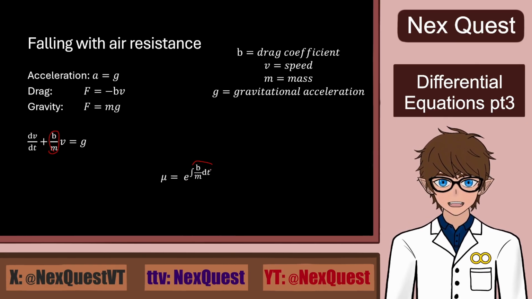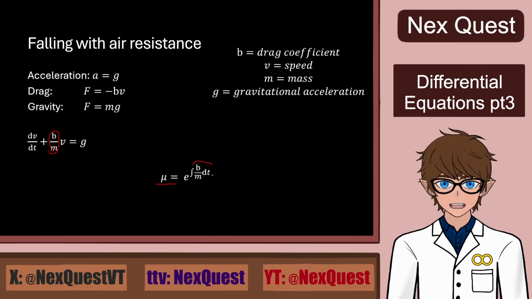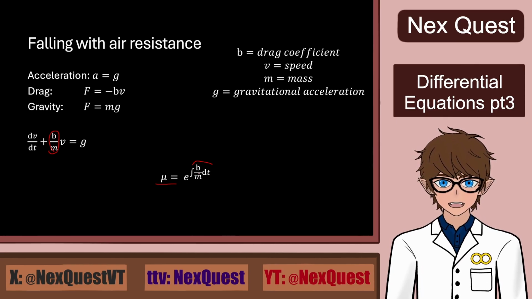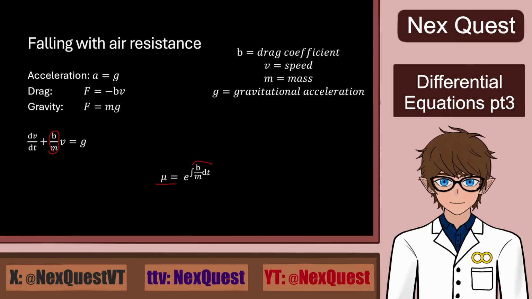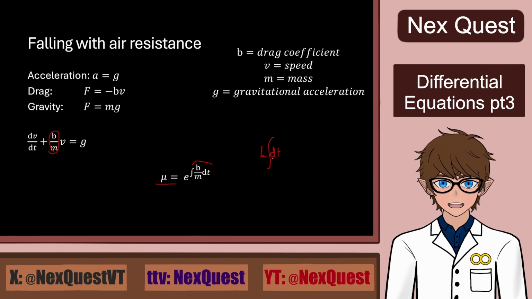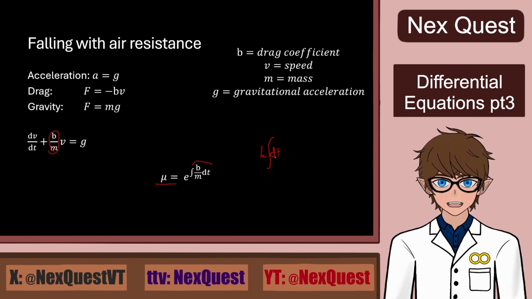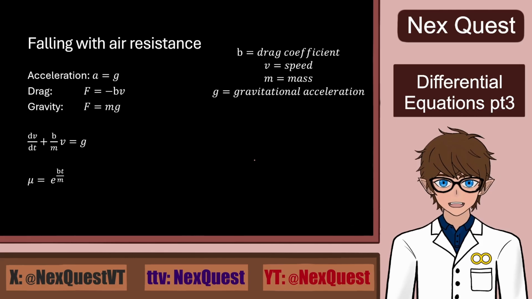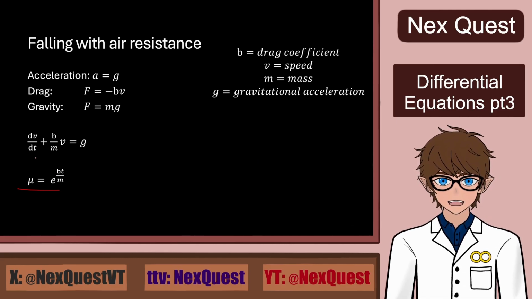This is our integrating factor formula, and since b and m are constants and do not change with time, this integration is like k times dt. Integrating that, we have k times t. So the result should be b over m times t in the exponent. Now we have our integrating factor, so we will multiply it with each term in our equation.